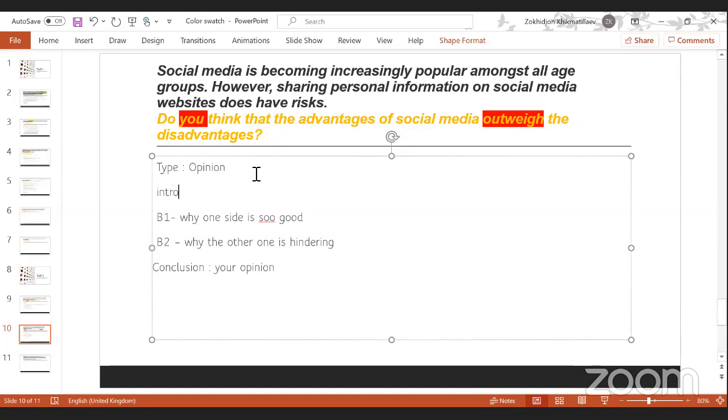Introduction, include your opinion. But it's optional. You can include your opinion at the end or in the paragraph itself.